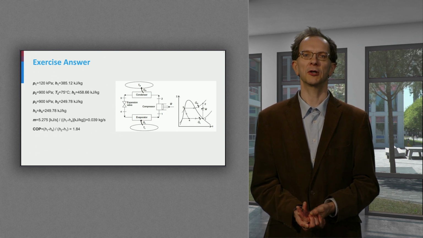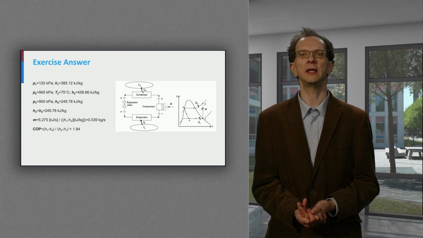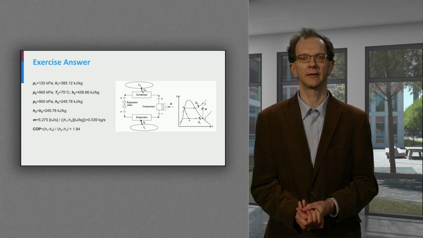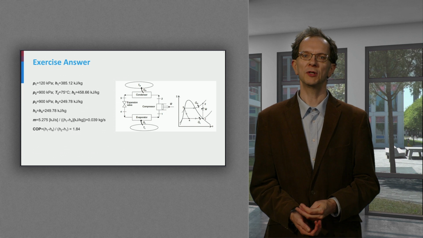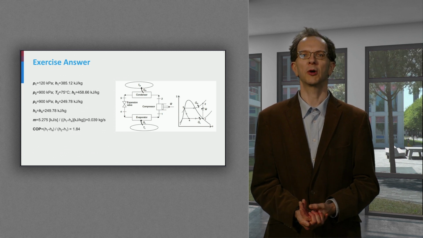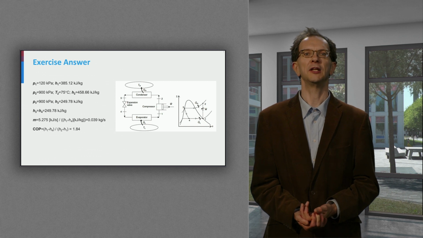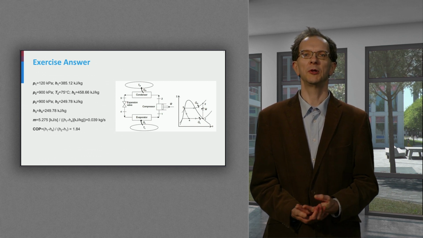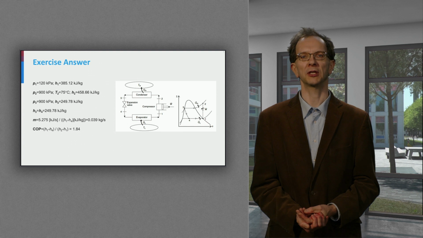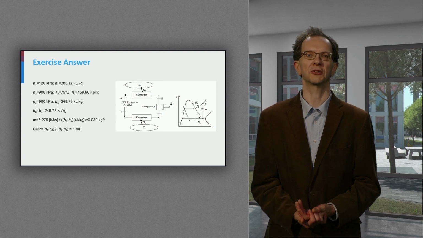This results in a mass flow rate of 0.039 kilogram per second. The coefficient of performance is the cooling rate, H1 minus H4, divided by the mechanical work of the compressor, H2 minus H1, which results in a COP of 1.84, which is a lot larger than 1.